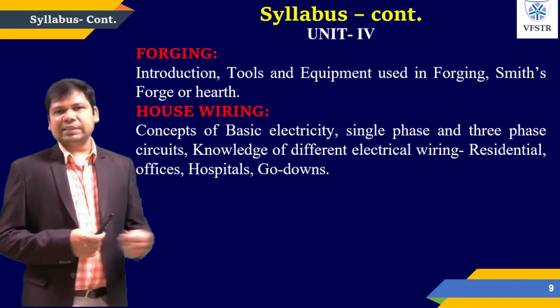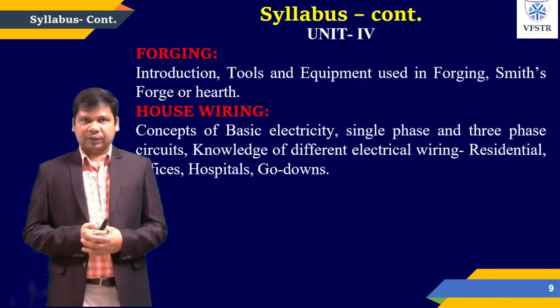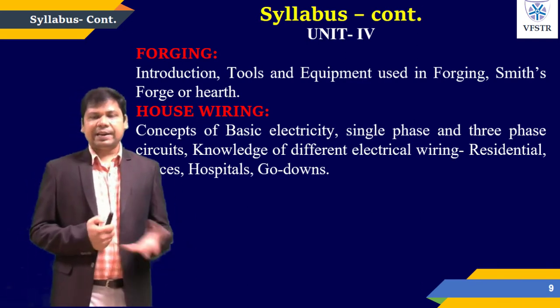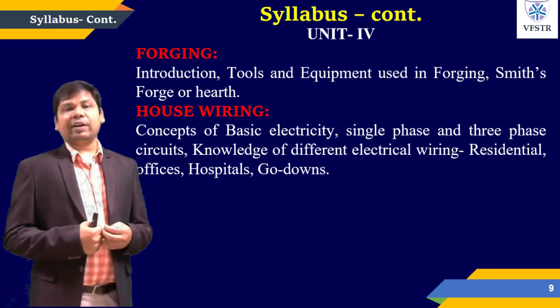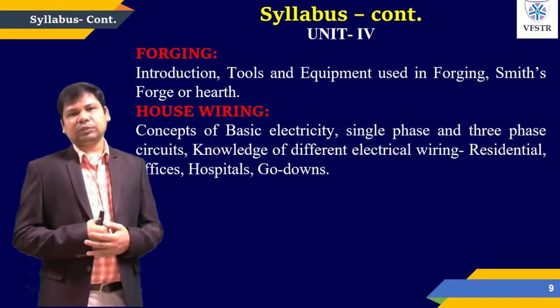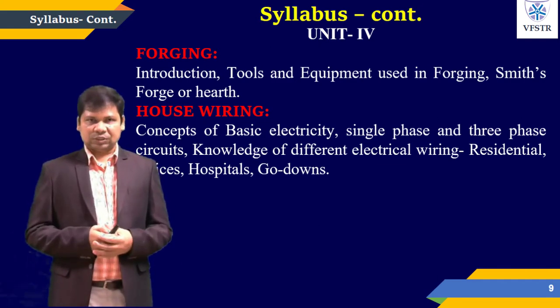I mentioned it in simply one sentence. To do that, what tools are there? How do you have to handle them? What furnaces are there? How are the material properties affected in forging? These things I will talk about in the forging operations.